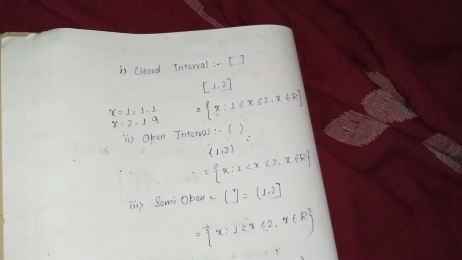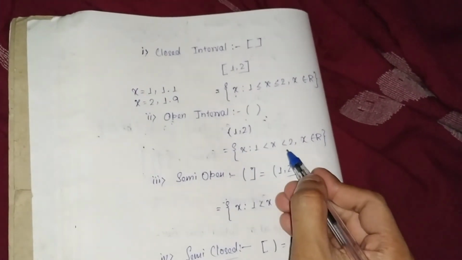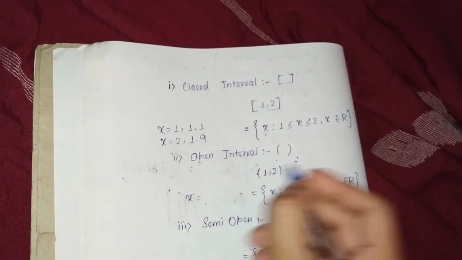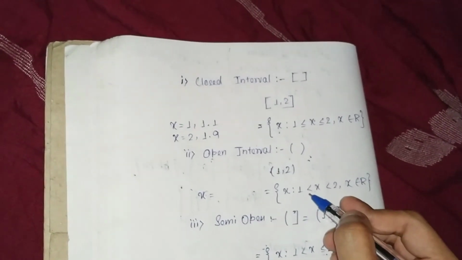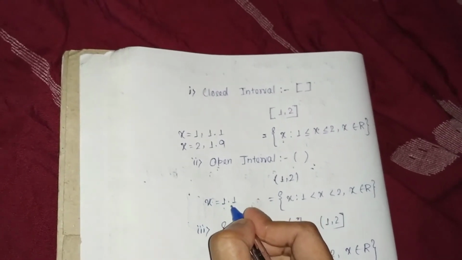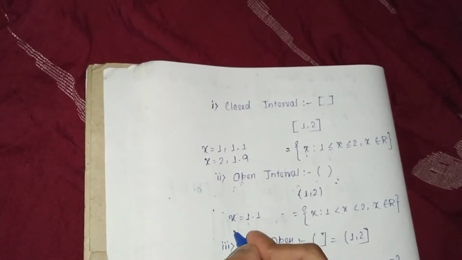In case of open interval, x value starts from 1.1, but has to end on 1.9.